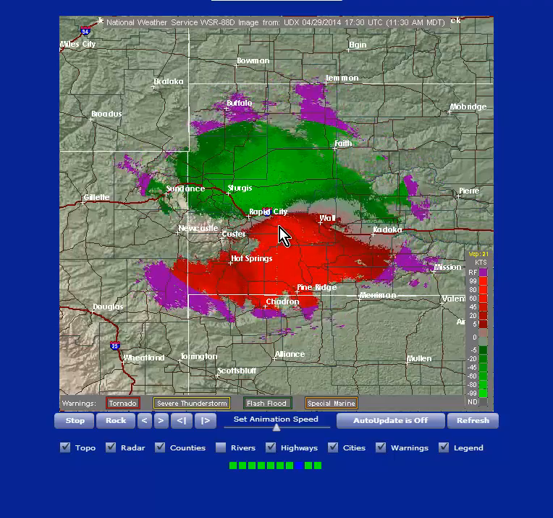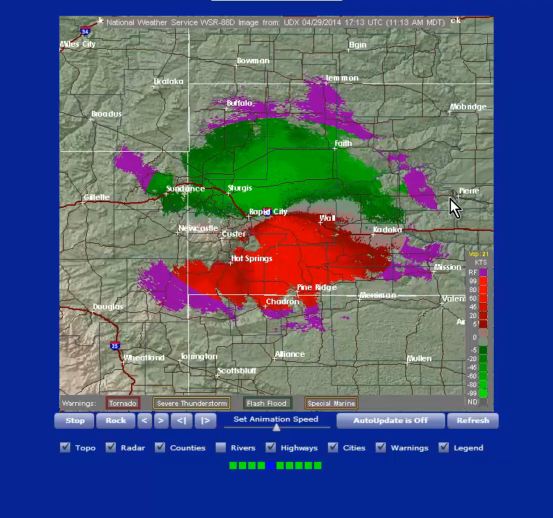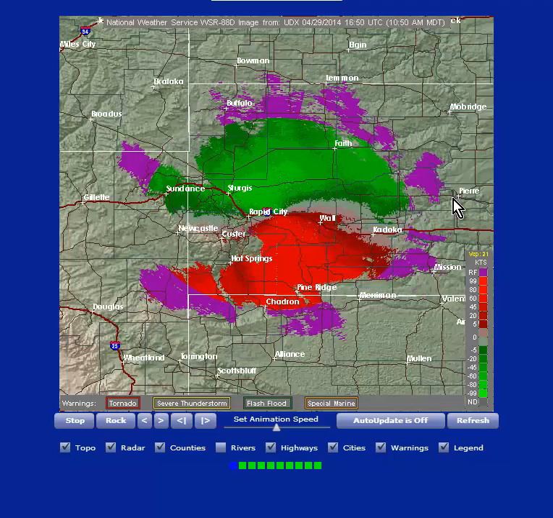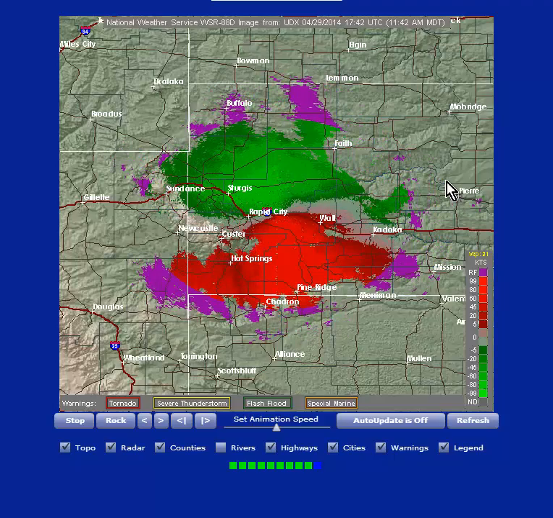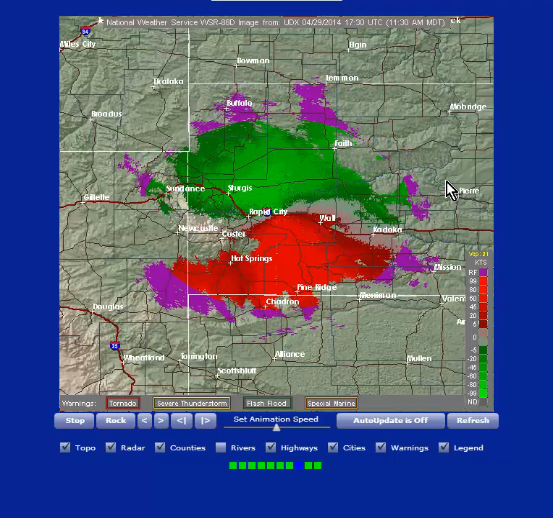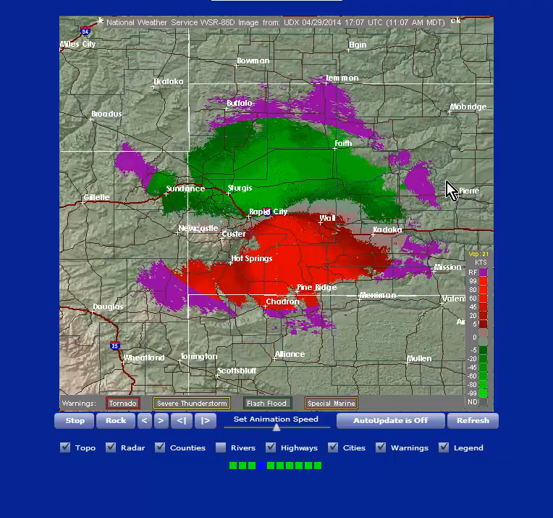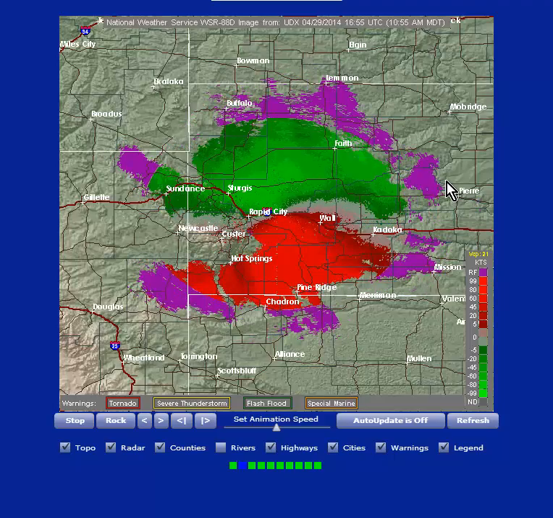Towards, away. So now I've got it straight. I had it wrong. I had it exactly reversed. And that's why I deleted those other videos that I made of this. But this is the storm as it is at about noon now on the 29th of April.